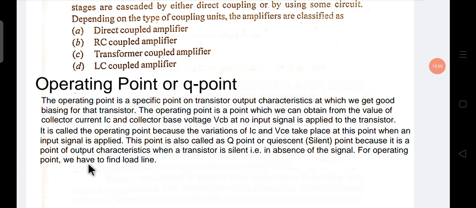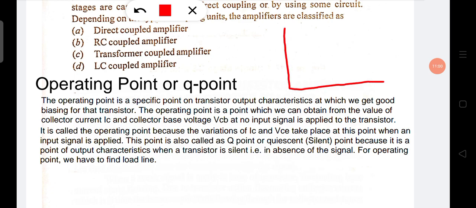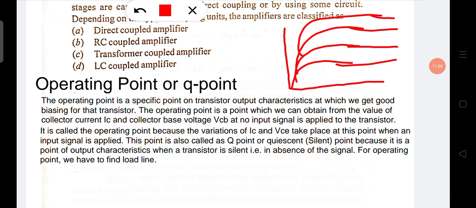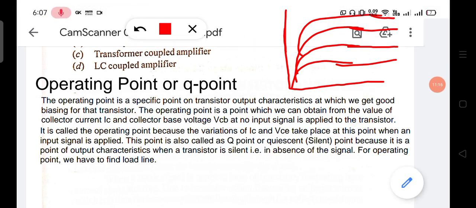For the operating point we have to find the load line. In previous classes we have studied the characteristic of the transistor. Let's consider the output characteristic of the transistor, the common emitter configuration. Here IC is the y-axis and VCE is the x-axis.